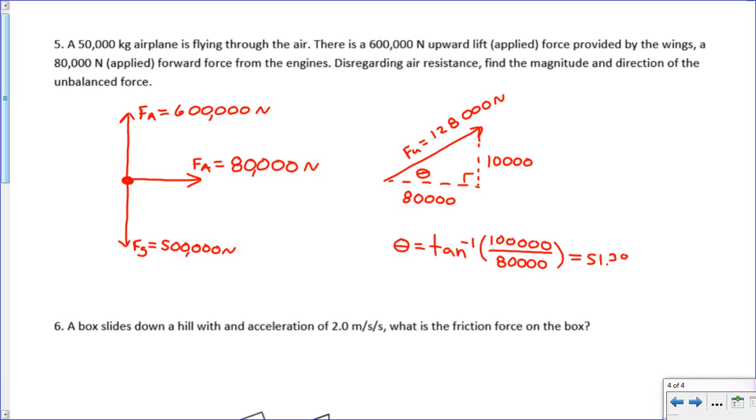Okay, and so as a final answer, FU equals 128,000 newtons at 51.3 degrees above the horizontal, or I'll call it ATH.